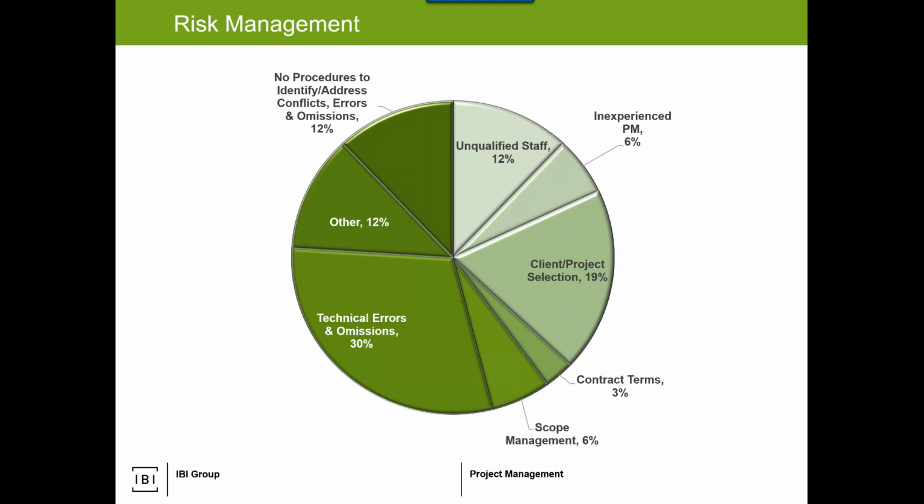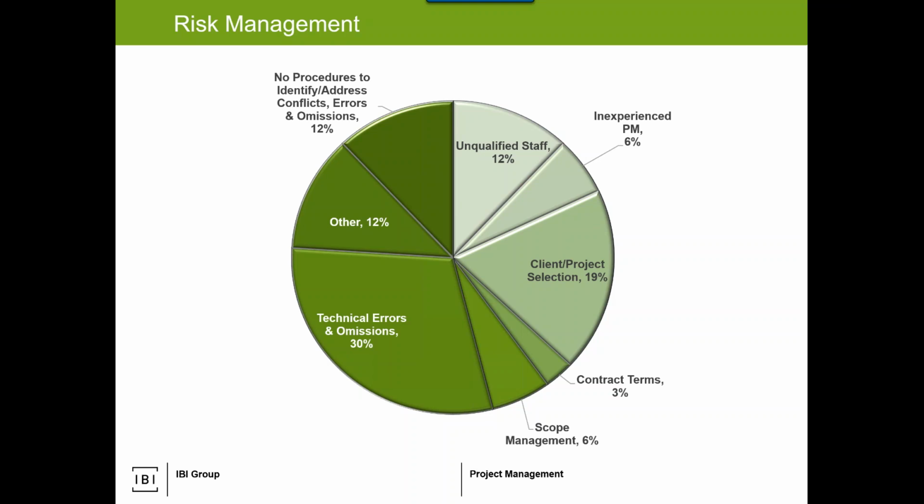Couple things to dwell on here. An inexperienced PM would be one that doesn't engage BIM consultants. Unqualified staff: "Hey, so-and-so, lead the BIM." "I've never done BIM before." "Oh, that's okay, just lead it." Horrible. Technical errors and omissions, that could be very broad.